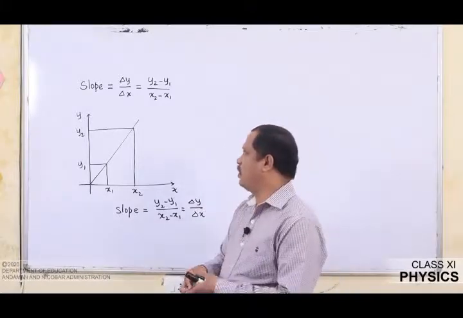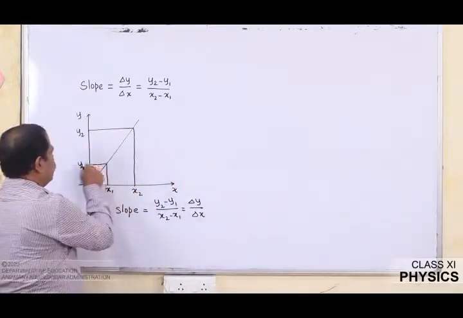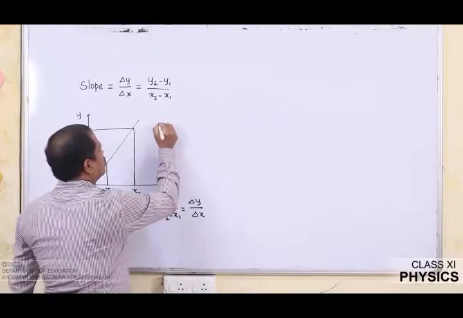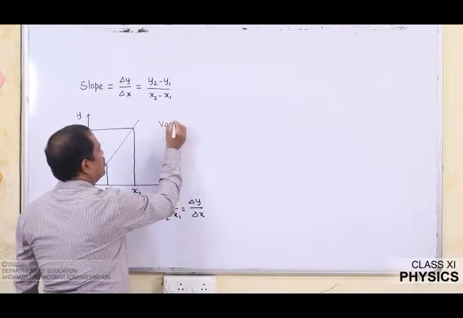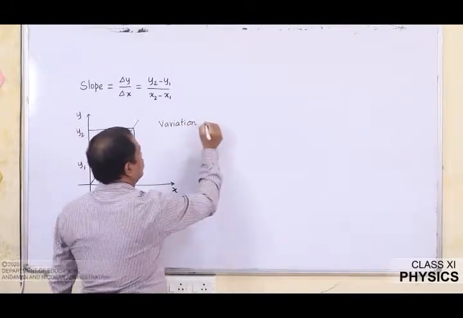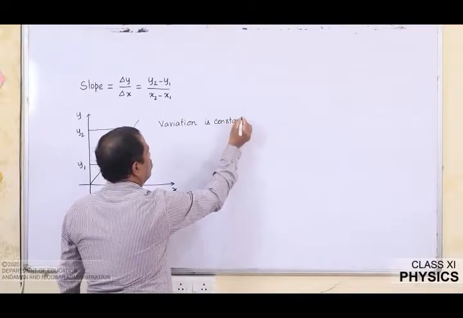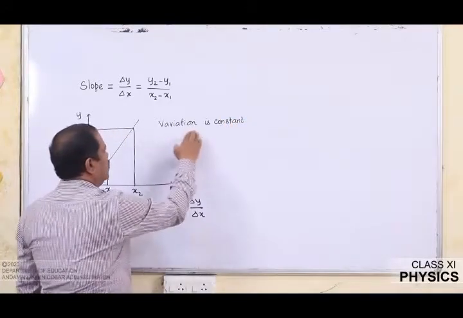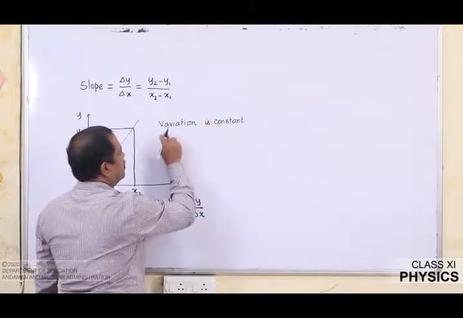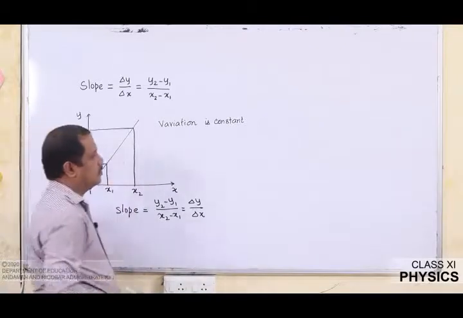So, as x varies, y varies, but the variation is constant. So, when I get a straight line, I am going to say in this graph the variation is constant. Now, what I mean by variation is slope. Slope is constant, and I say that variation is constant whenever my graph is a straight line.